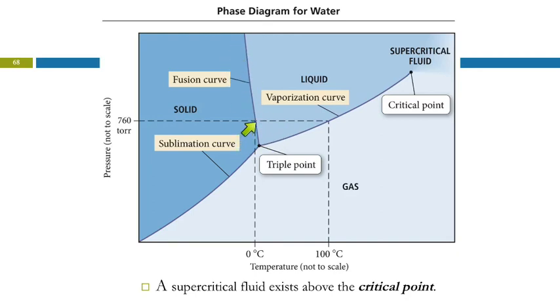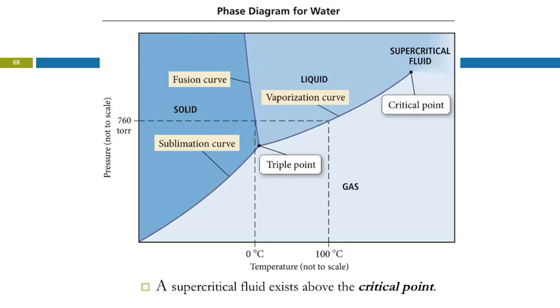One of the funny things about ice is that if you increase the pressure on the ice, the melting point goes down. This curve slants to the left. That's not typical. But that's why ice skates work.